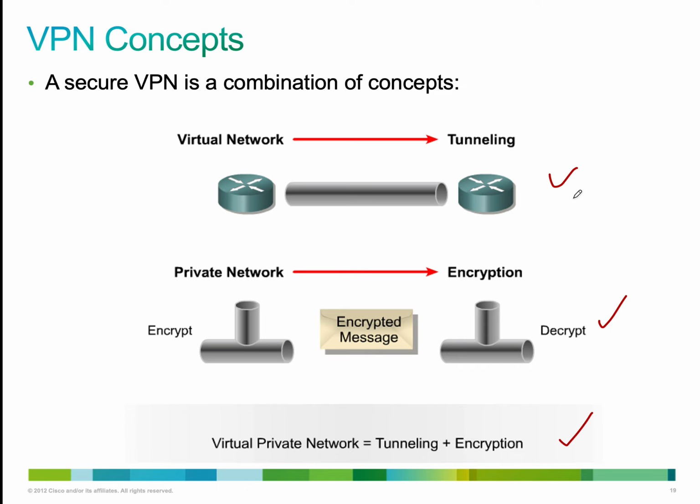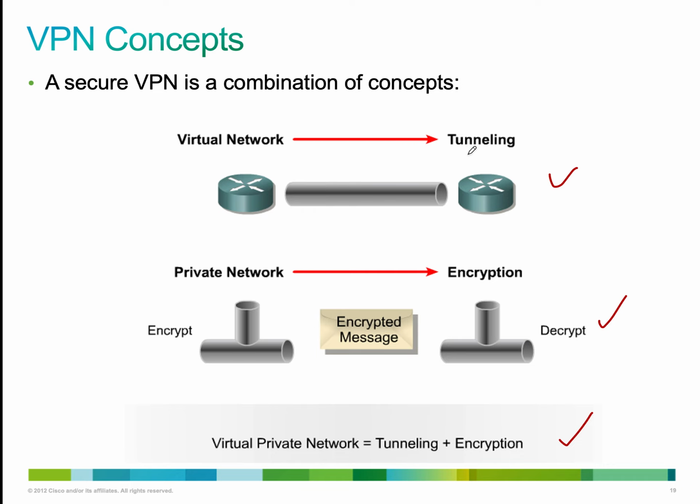Now, VPN concept. A secure VPN is a combination of concepts, meaning a virtual network to tunneling. So all your network goes into a tunnel. From your router gateway, everything enters into a tunnel, like a normal tunnel. You go into a tunnel until you come out on the other side at the office.